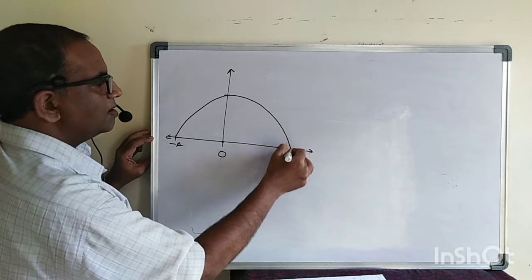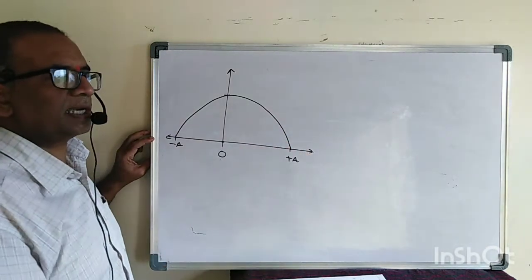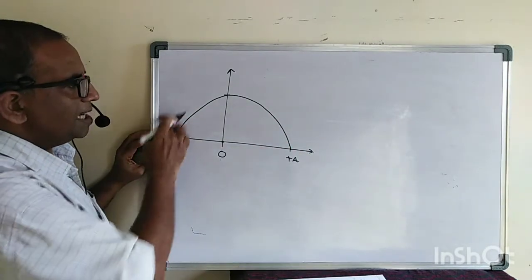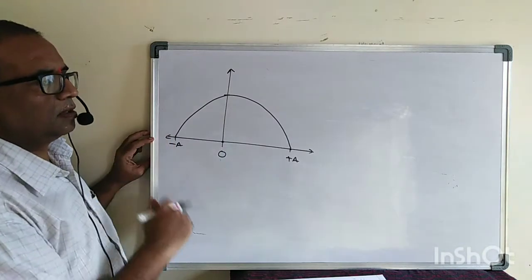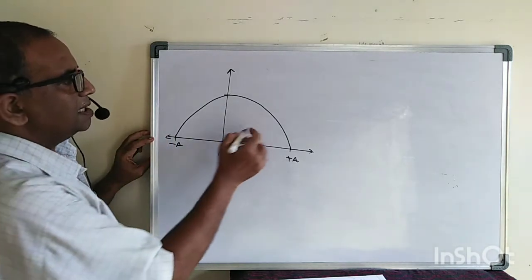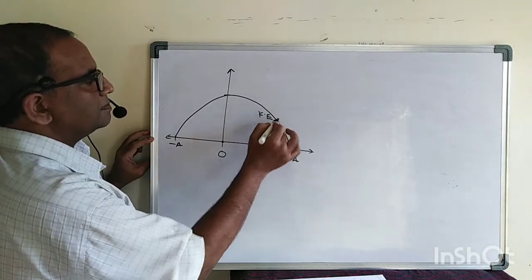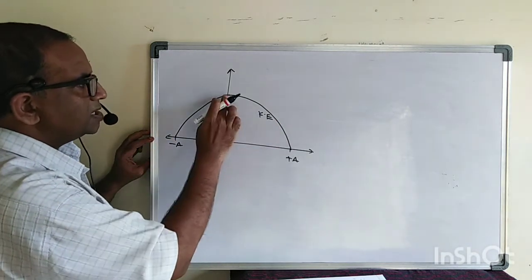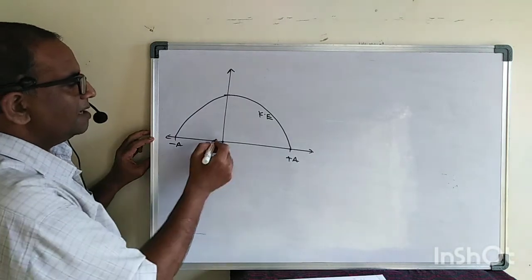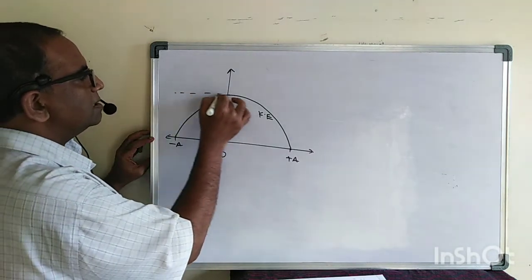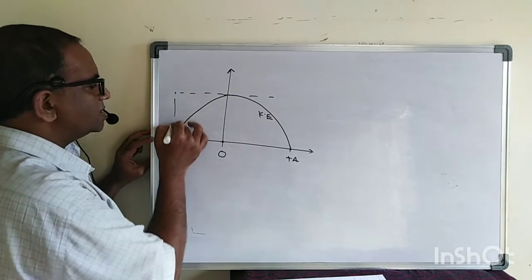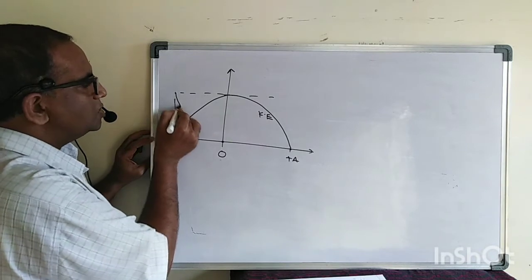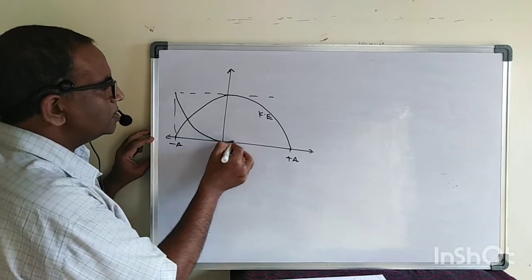And carefully, we got sine square omega t and cos square omega t, which means it's a sinusoidal wave; the energy is varying. This is the kinetic energy curve. At the extreme it is 0, and at the mean position it is maximum. But the potential energy is maximum at the extreme position and 0 or minimum at the mean position.